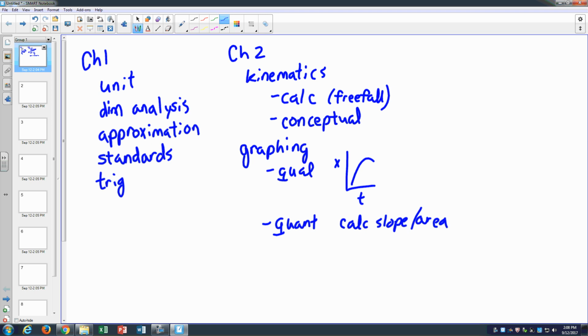So we can go through some of the old tests, or we can just look at some old topics that you might want to review. Are there particular topics that you want me to review? Yeah, Bree? Chapter 2's concept questions. I'm just having a hard time understanding the concepts, how it works.